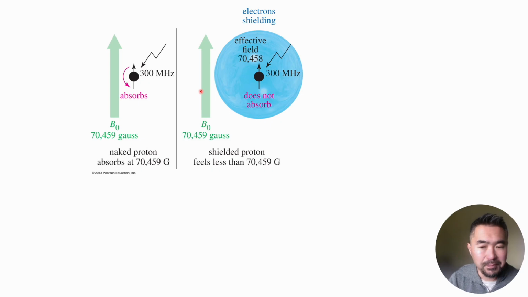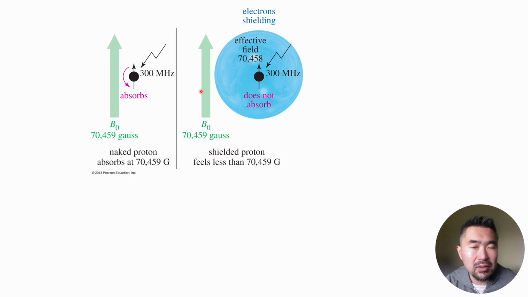With that external field strength, a proton would absorb at, you don't need to know this number, 70,459 Gauss of magnetic field strength, if it's completely naked, as in nothing shielding it. But as you know, even hydrogen protons are surrounded by at least 2 valence electrons normally, at least formally speaking.